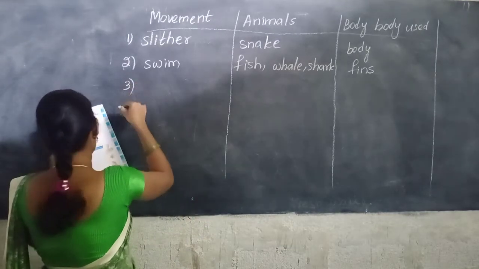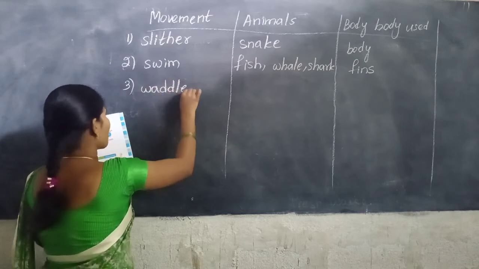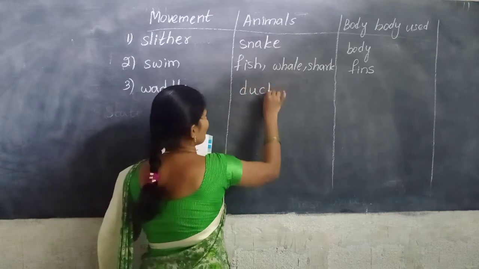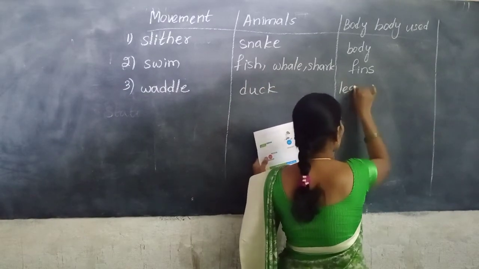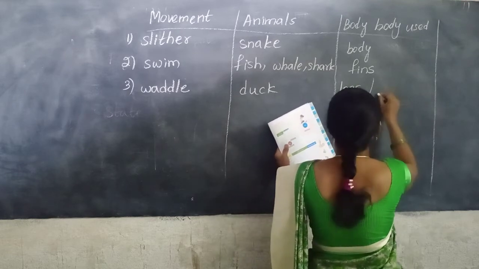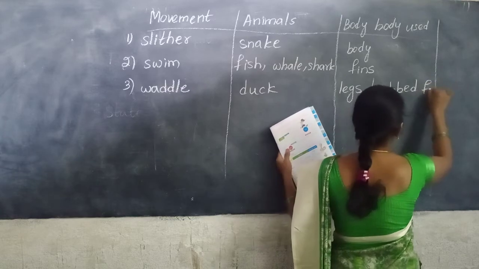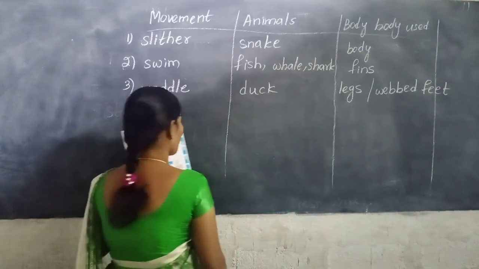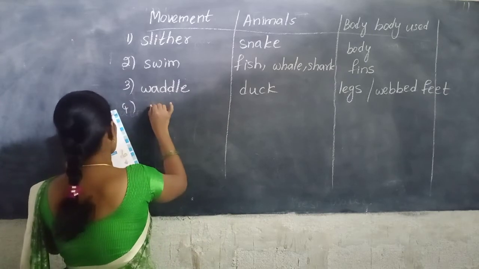Next, third one. Waddle. Duck waddle. It uses its legs, webbed feet. Next, fly.